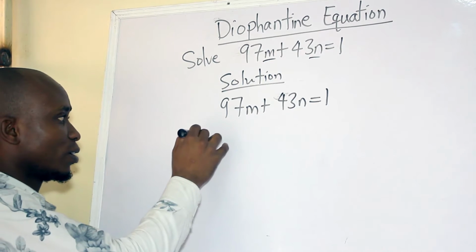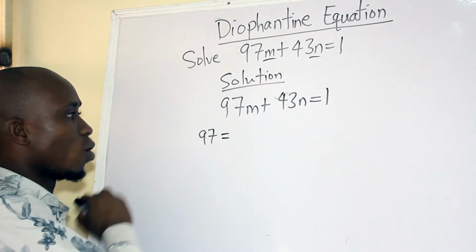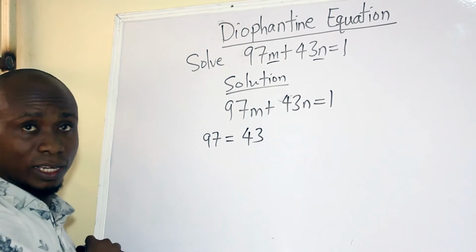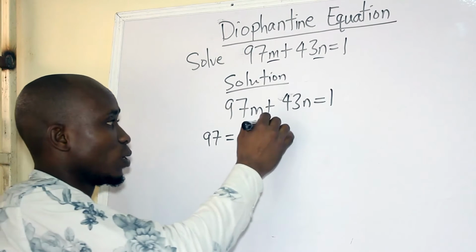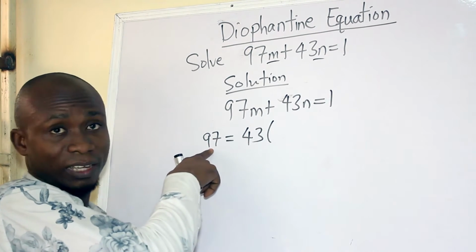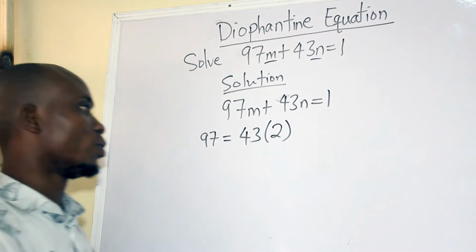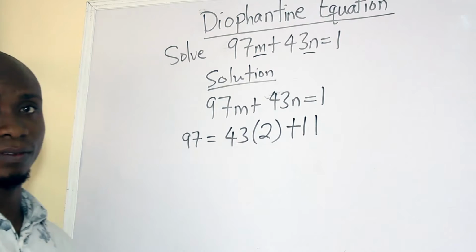We're going to have 97 equals 43. You write it this way. Now, 97 divided by 43, 43 will go into 97 twice. And when this happens, we're going to have a remainder of 11.